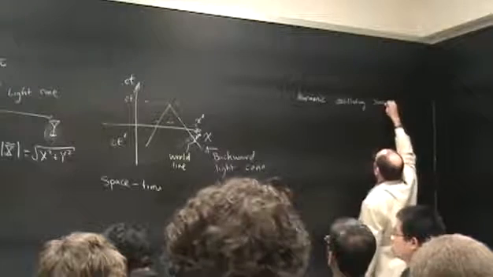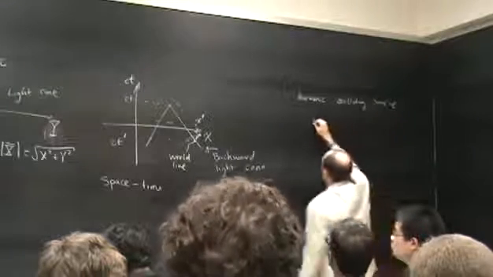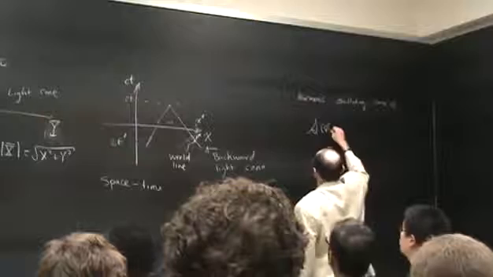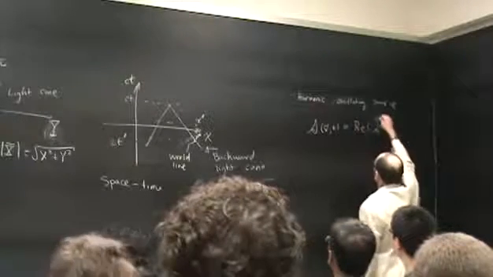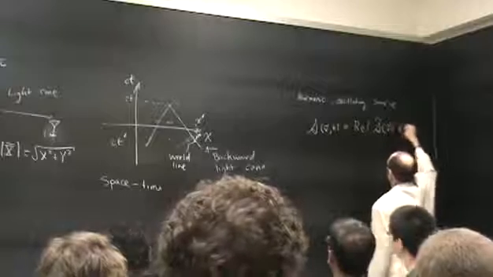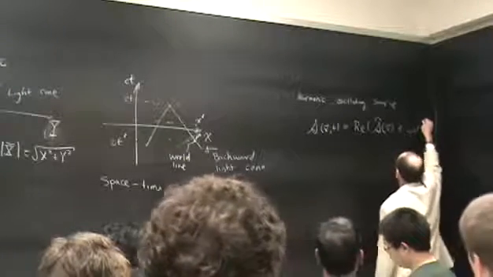So let's say that the source as a function of time is the real part of some complex amplitude times e to the minus i omega t.